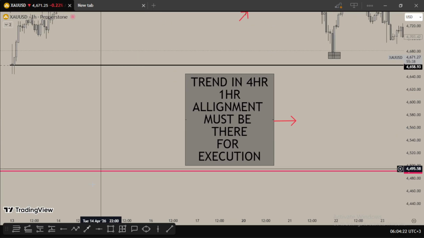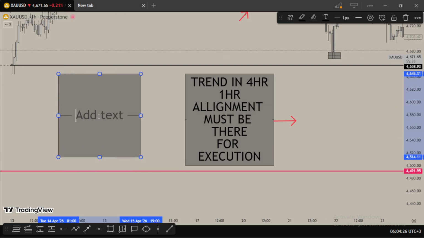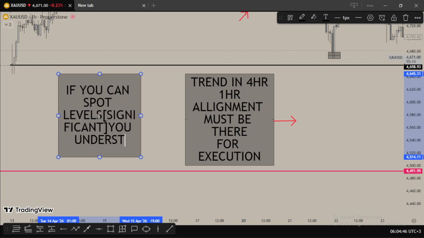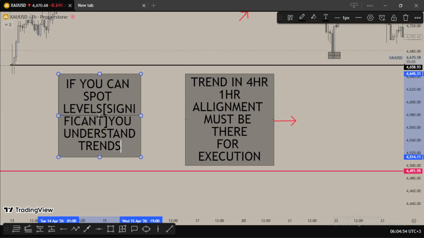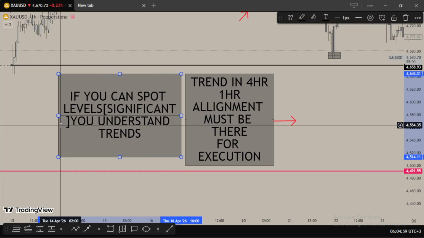I normally used to say that, even right now, I say that if you can spot levels, significant levels, I'm going to explain that a little bit, you understand the trend. That is very, very important.